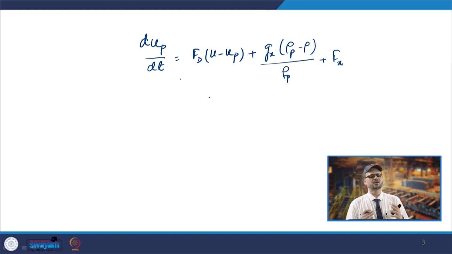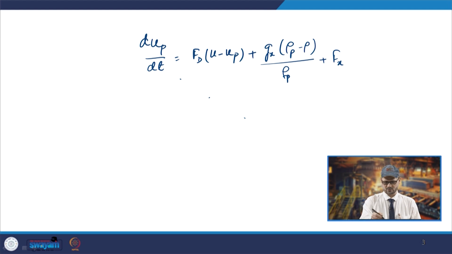So, basically we solve this equation, and in this case Fd into (u minus up) is basically the drag force per unit mass. So, this is that quantity Fd into (u minus up), and you have the Fx.